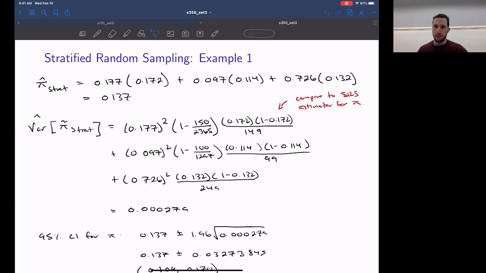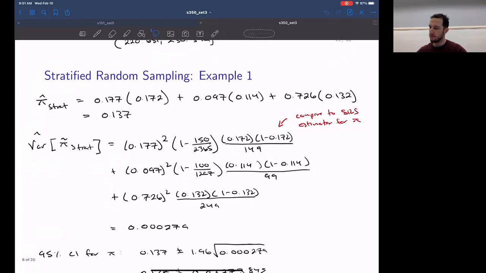So you can see, for example, here we have 0.171 multiplied by the estimate from the first strata, multiplied by 0.097, multiplied by the estimate from the second strata, multiplied by 0.726, multiplied by the estimate from the third strata.